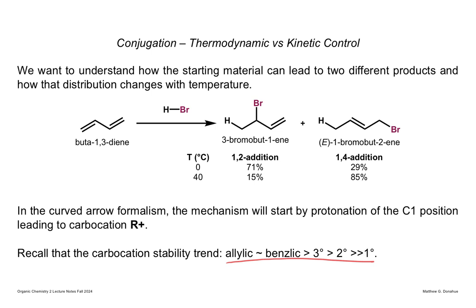So as a review, what is the curved arrow formalism? We're showing these curved arrows, and since it's a double-headed arrow, that means two electrons are moving. When we're talking about radicals, we use a fish hook.